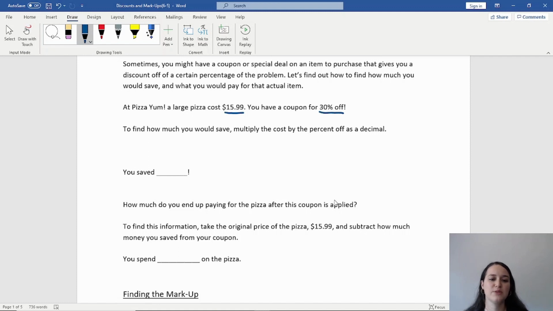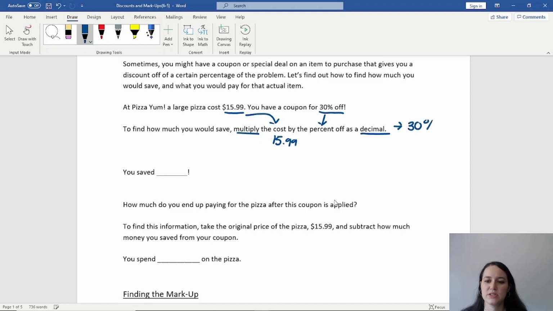To find out how much you would save, you're going to multiply the cost, so that's my $15.99, by the percentage off as a decimal.